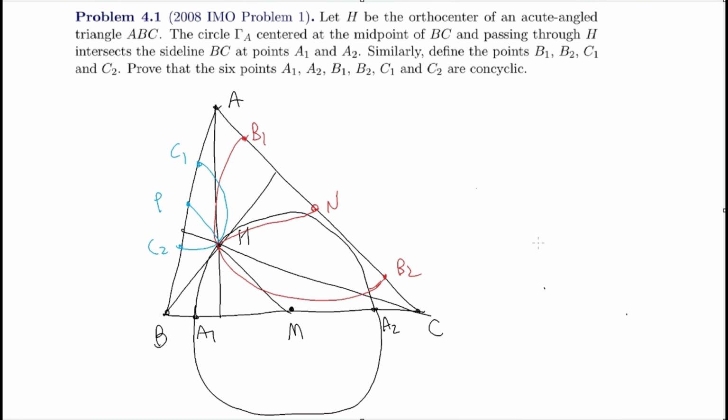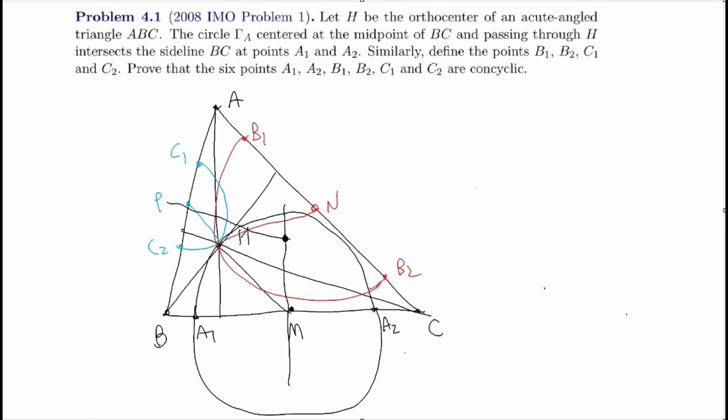So we know that the perpendicular bisector of A1, A2 must go through the center of the circle. So that means that the center of A1, A2, C1, C2 lies on this perpendicular bisector. And the center of A1, A2, C1, C2 also lies on this perpendicular bisector.